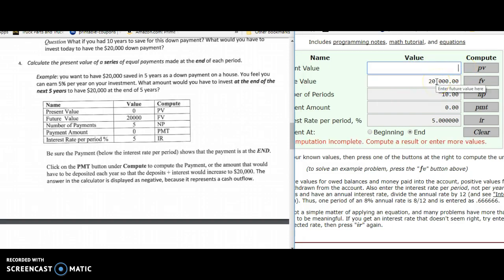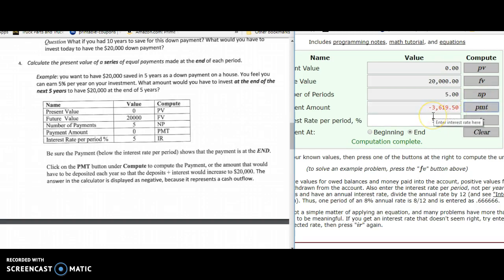You still want to have 20,000 at the end of 5 years, making 5%. So not how much would you have to have now, but how much would you have to make? What would your yearly payments be? Because this is 5 years, 5% per year. So what would your yearly payments have to be? And that would be the PMT.